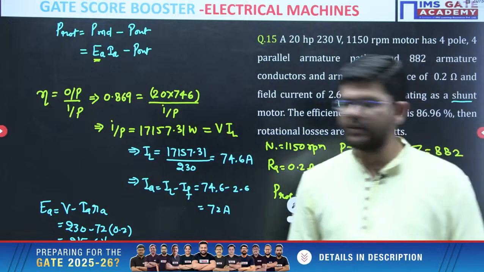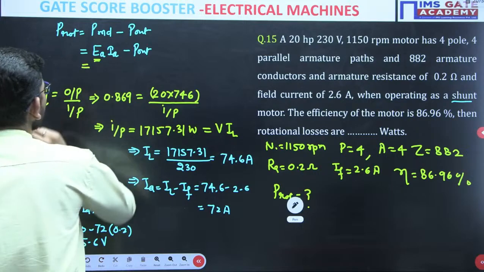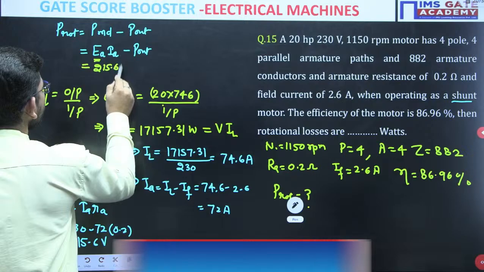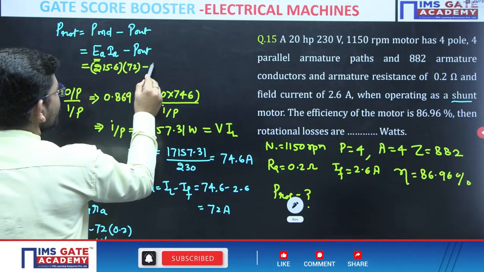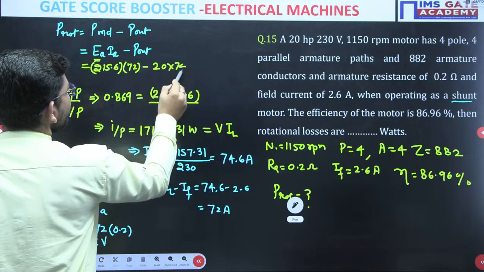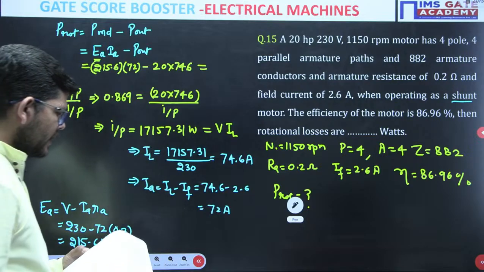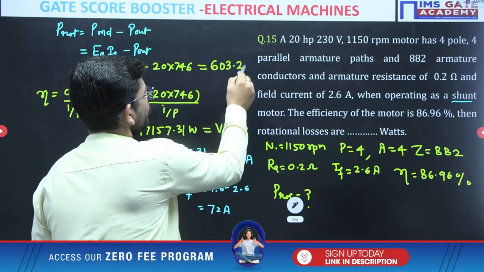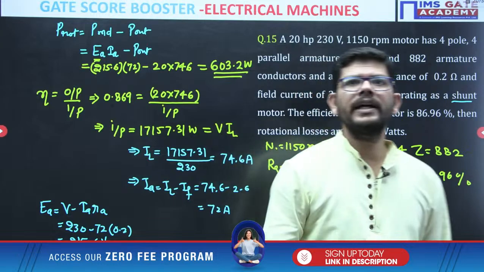Then come here and write down the values. EA is 215.6, IA is 72, minus output, 20 horsepower, 20 into 746. When you calculate this, I am getting 603.2 watts, and that will be the answer, right?